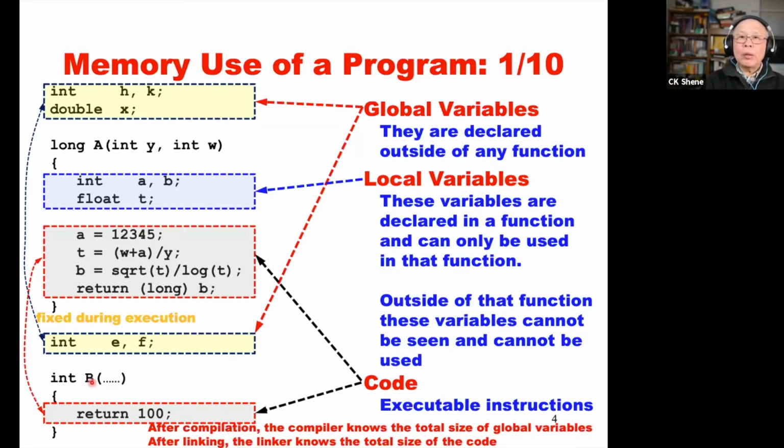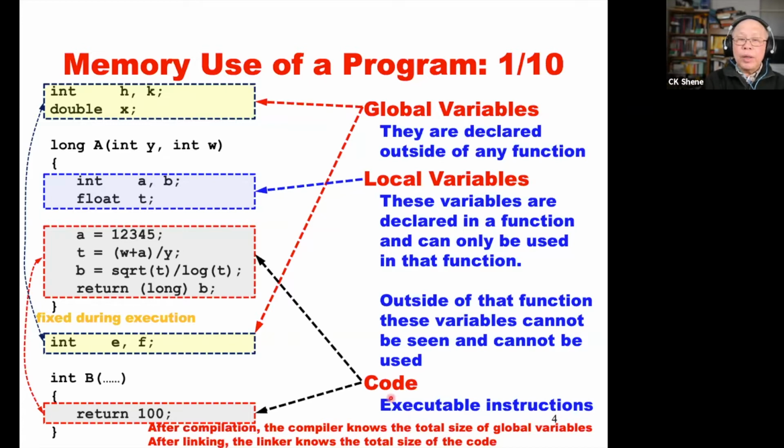If you do not remember this, please open your C textbook and refresh your knowledge. And finally, we have these statements here and this statement here. These are code. They are executable instructions, or eventually they will be translated to machine instructions.